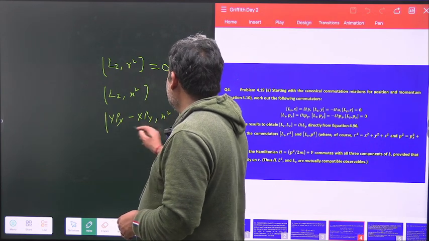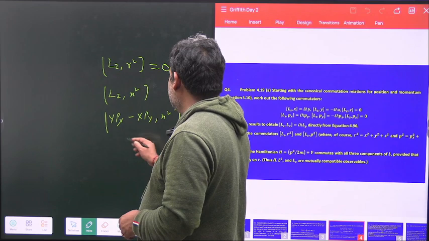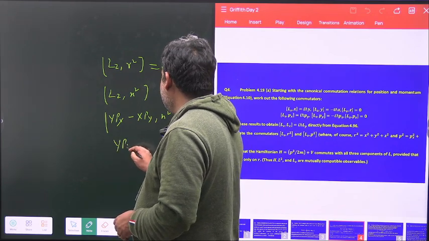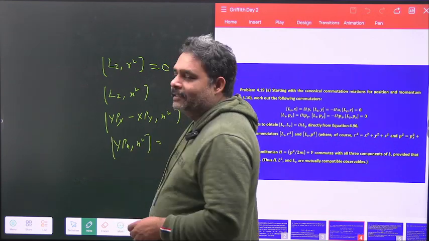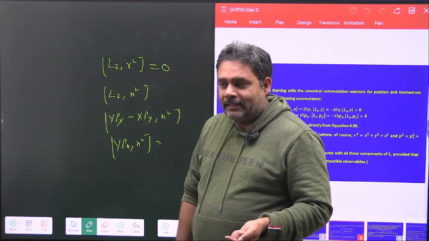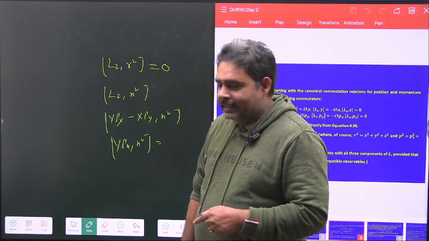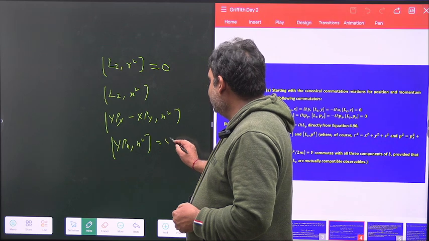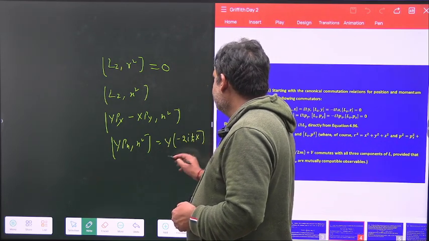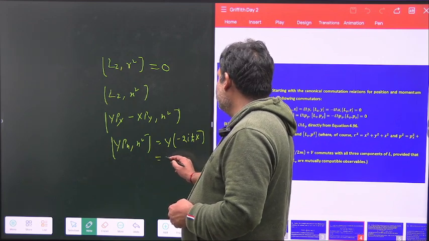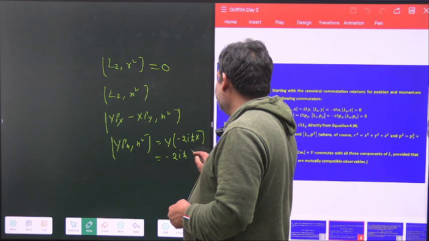So which one is going to survive there? This one. So you have y px x square. What is this value? px x square is minus 2i h cut x. So you have y and minus 2i h cut x. So what is this value? This value is equal to minus 2i h cut x.